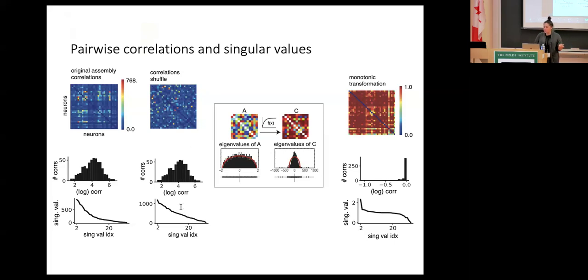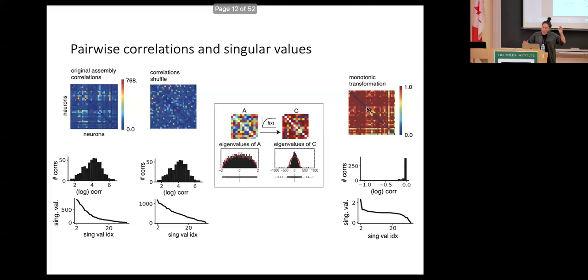But something that the singular values are also very sensitive to is monotonic transformations of the data. So if we have the original assembly correlations and we just make the stronger ones stronger, with a monotonic transformation, this is going to change both the distribution and the singular values. But in some sense, the structure of this correlation matrix, even with this monotonic transformation, is still preserved. And this is something that is important to us.